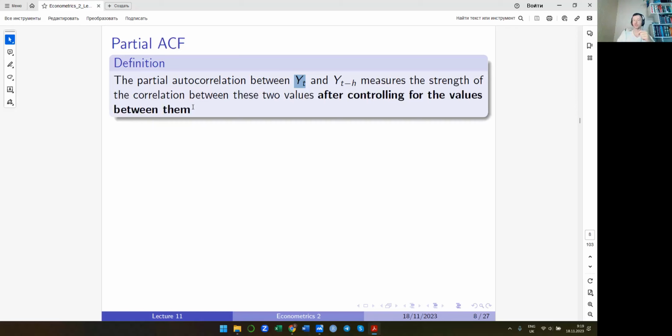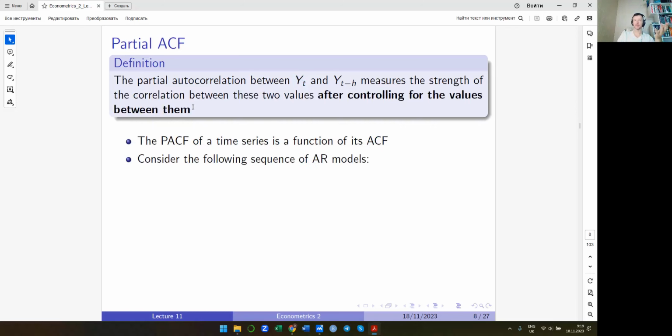So this is the partial autocorrelation. Let's see an example of how it looks. Suppose we have an AR(1) model. So yt minus 1 influences yt with this strength. Now we have an AR(2) model. Yt minus 2 influences yt with this strength. But we can also imagine that yt minus 2 influences yt through yt minus 1.